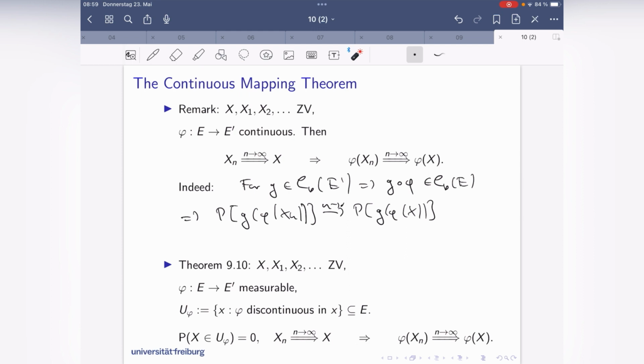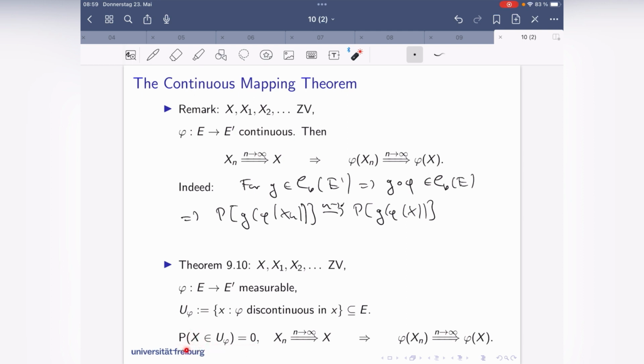Okay, so for phi continuous, we have this. And the continuous mapping theorem actually deals with non-continuous functions, which is a bit strange. But nevertheless, I have here phi is a measurable function. It doesn't have to be continuous. But the catch is that the points where phi is not continuous have measure 0 for the limit.